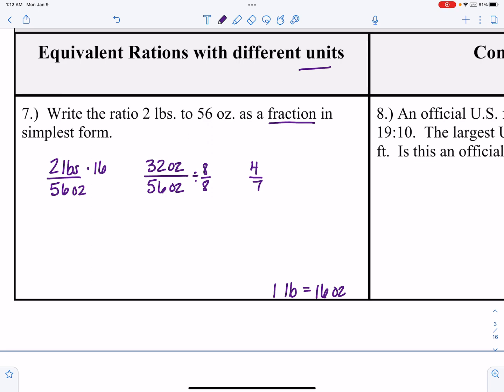If you were to change them both into pounds, we would have 2 pounds over 56 ounces, and you would just divide the ounces by 16, and you ended up getting 2 pounds to 3.5 pounds. And then we can go ahead and multiply by 2 over 2, and you end up with 4/7 as a fraction. Okay, so you can see both are equivalent to each other.